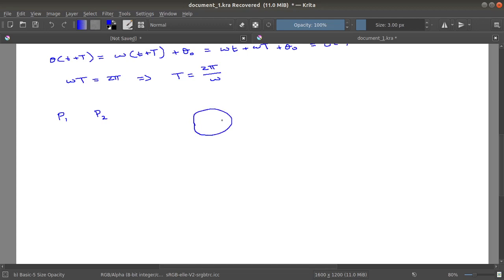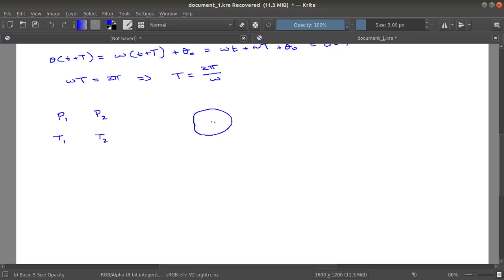Let's say the time taken for P1 to complete one round of the circle is T1, and for the other it is T2.